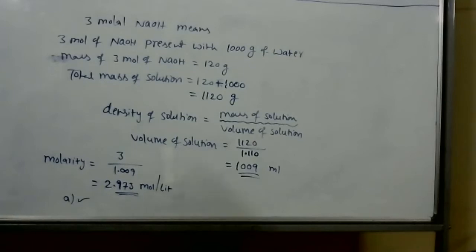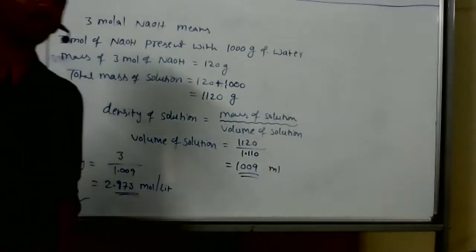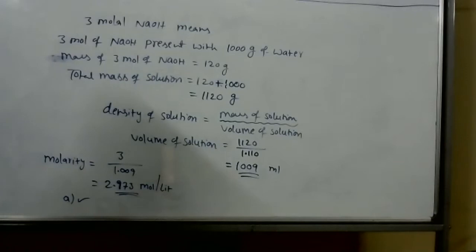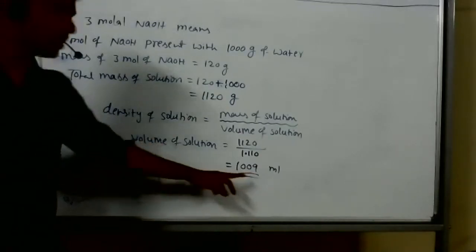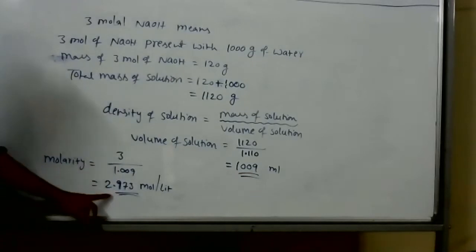Sir, as this is an MCQ question, we can consider 1120 divided by 1.11 as the rate. We can consider approximately 1000 and do it, because you can find a solution which is close to that value. If you take 1000 instead of 1009, then 3 by 1000 gives approximately 3, a closer value.